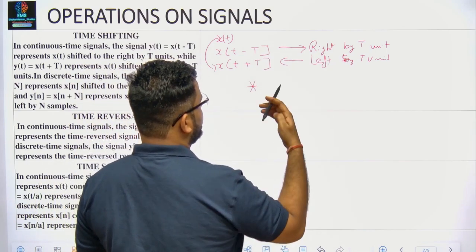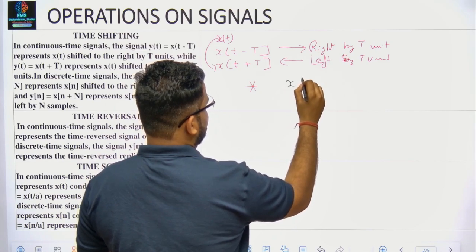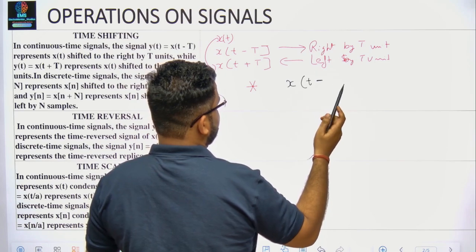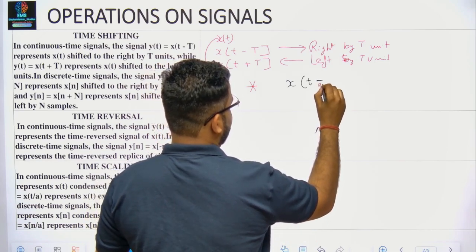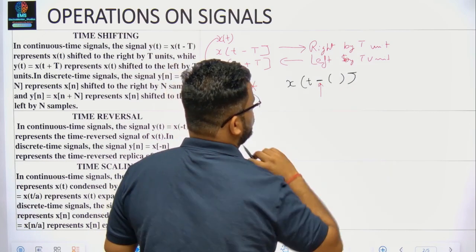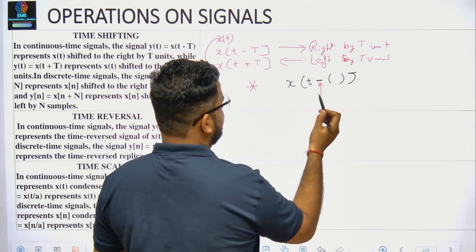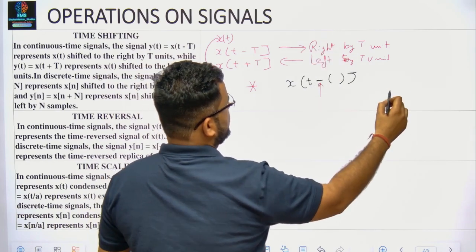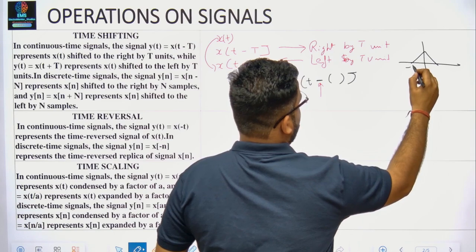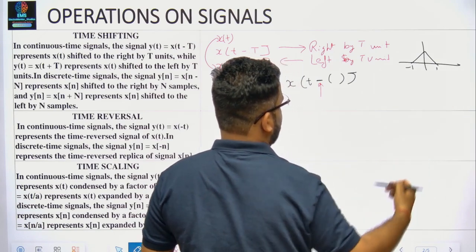So you just remember this trick. In x of t, you always want to have this minus sign over here, and then whatever the shift is given to you. Let us say there is some x of t, starting from minus 1 and ending at 1.